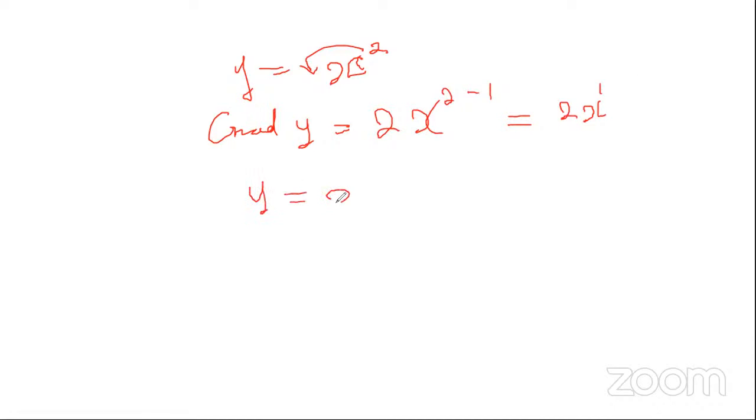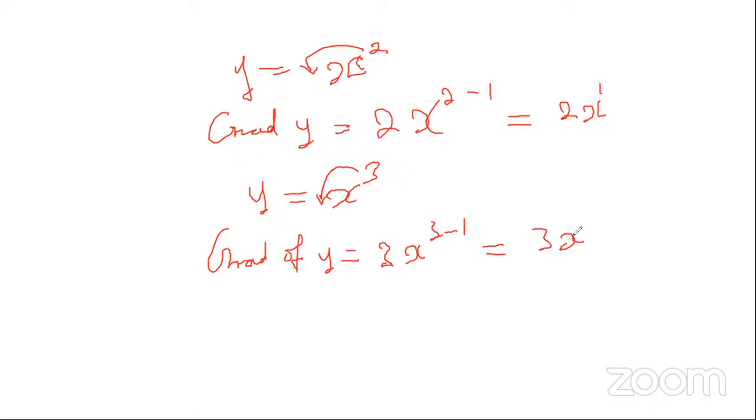Then when y equals x to power 3, we first multiply by 3. So it becomes 3, then x to power 3 minus 1. That is how we get 3x to power 2.